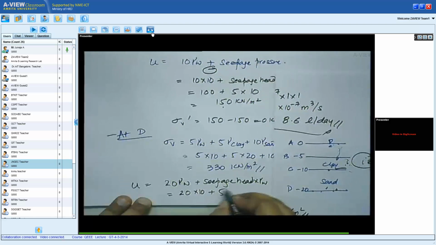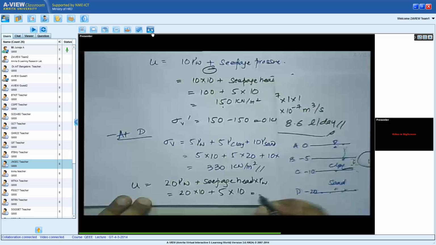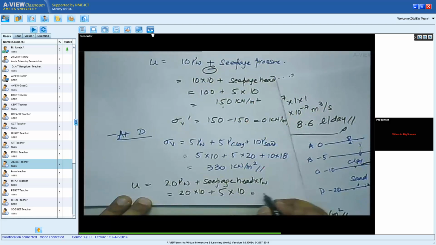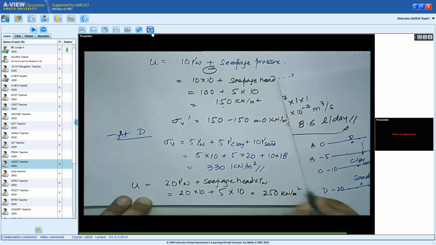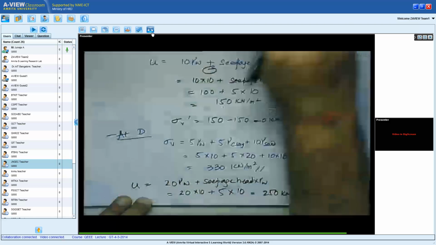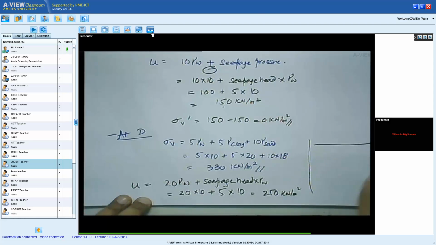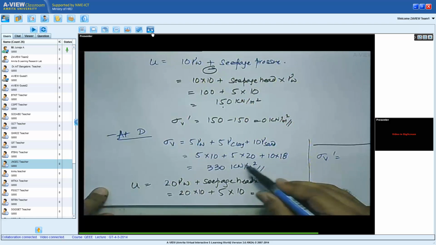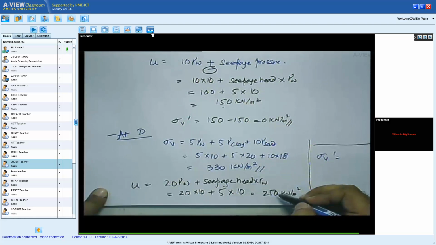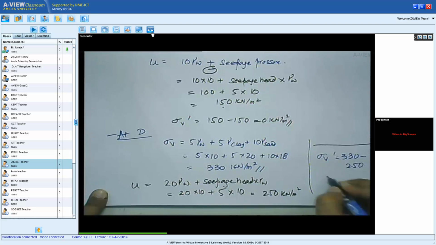So it's 5 meters times 10. I plug in my numbers, I should get 250 kilonewton per meter square. So what about my effective stress? Effective vertical stress equals 330 total stress minus 250. It's 80 kilonewton per meter square.